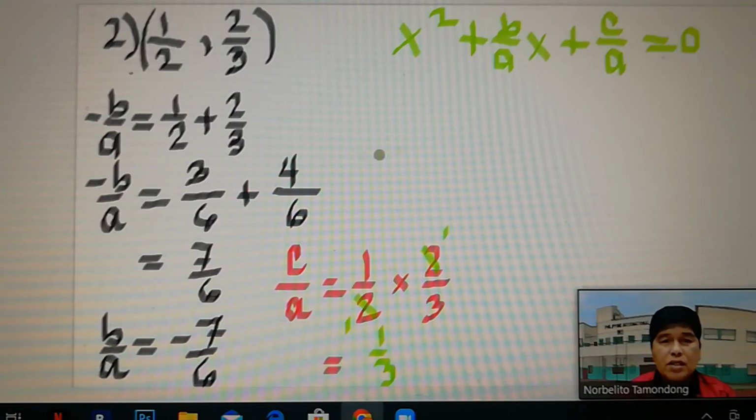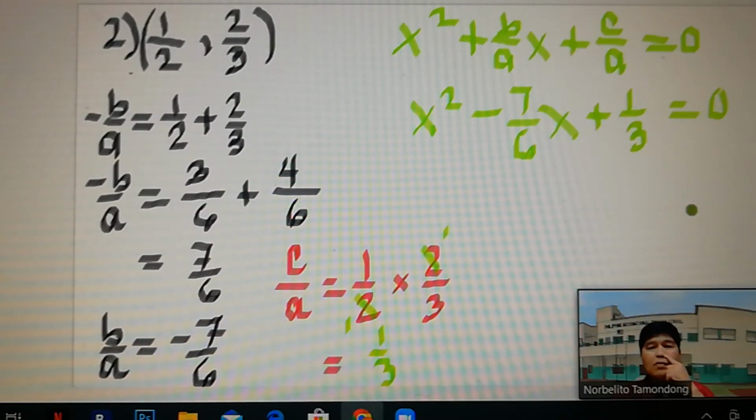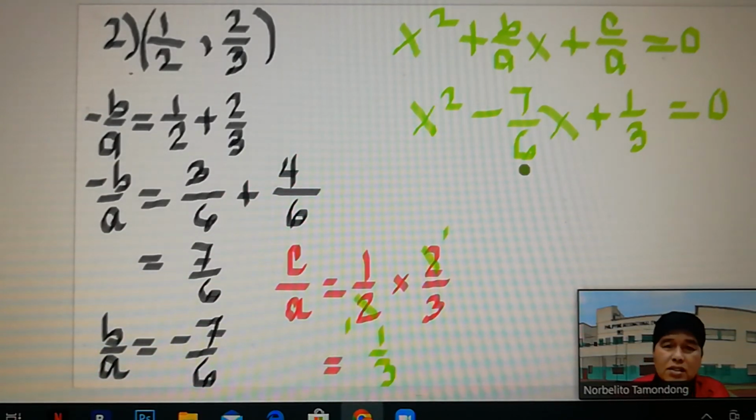So the equation now is, copy x squared, b over a, replace it by negative 7 over 6. So x, then what's the value of c over a? 1/3. So plus 1/3 equal to 0. Then multiply all the terms by the LCD of 6 and 3.